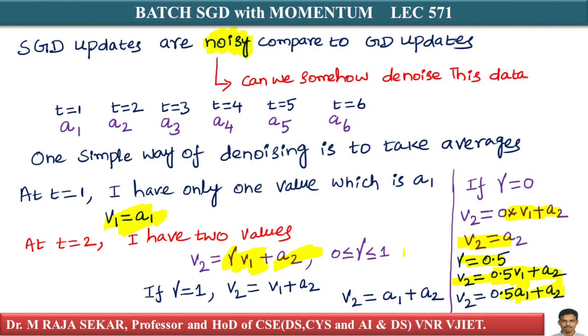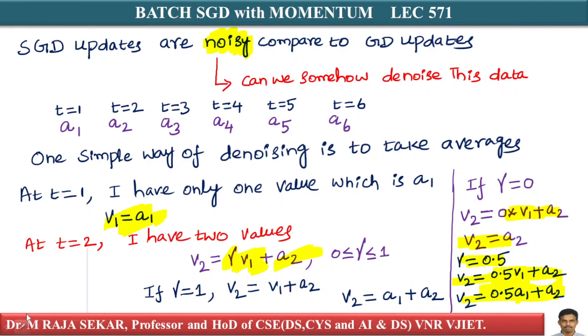So, what I am saying here is, you can think of this like a weighted sum where you are giving more weight of 1 to the most recent point that you have seen, and less weight to the points that we have seen in the past. Which one is the most recent point here? A2 is the most recent point.